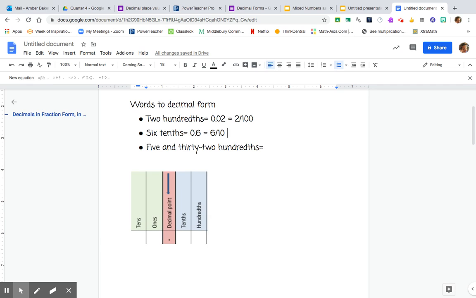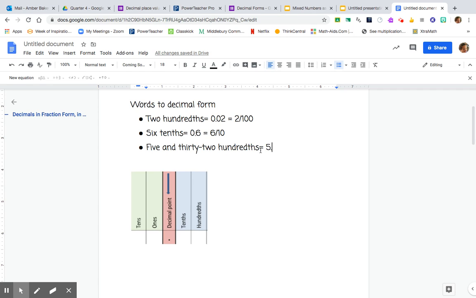Okay, let's try this one. This one's a little bit different. What do you notice about this one? Whenever you see the word "and," that means that you're talking about a mixed number. You have a whole number and then you have a fractional part or a decimal part. So here I have 5. The 5's going to go in the ones place. So I'm going to write 5. And then when I see the word "and," that tells me, oh, I better put my decimal point. So I entered my decimal.